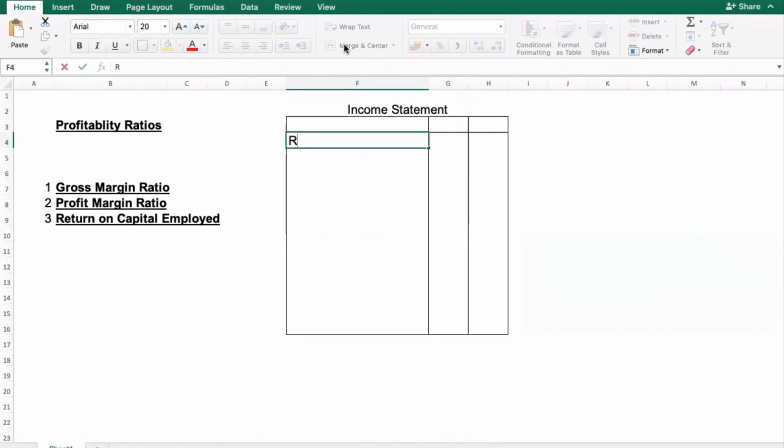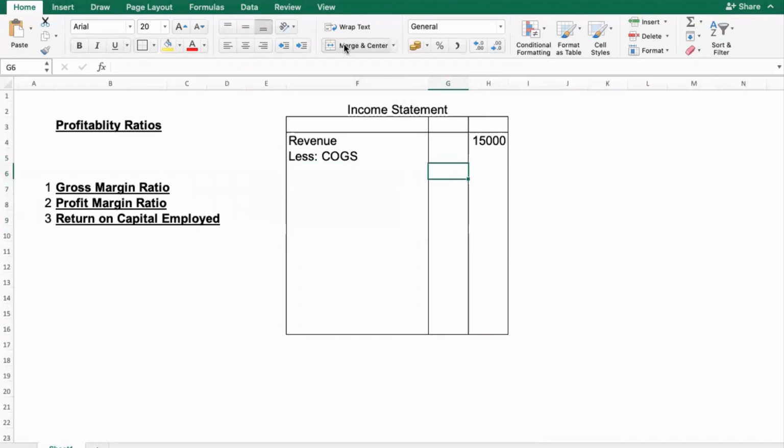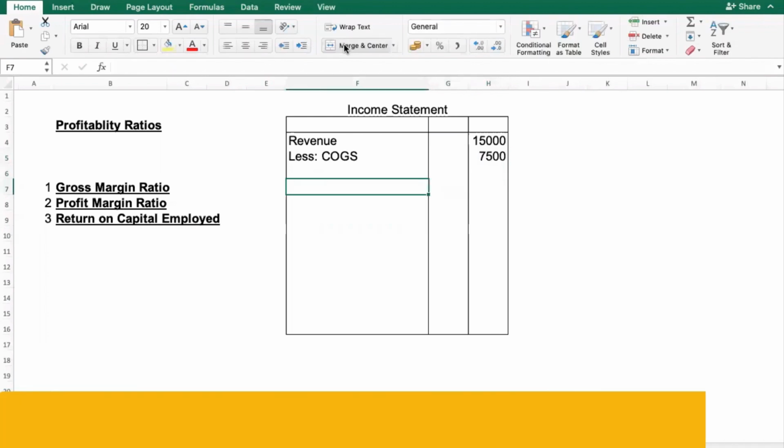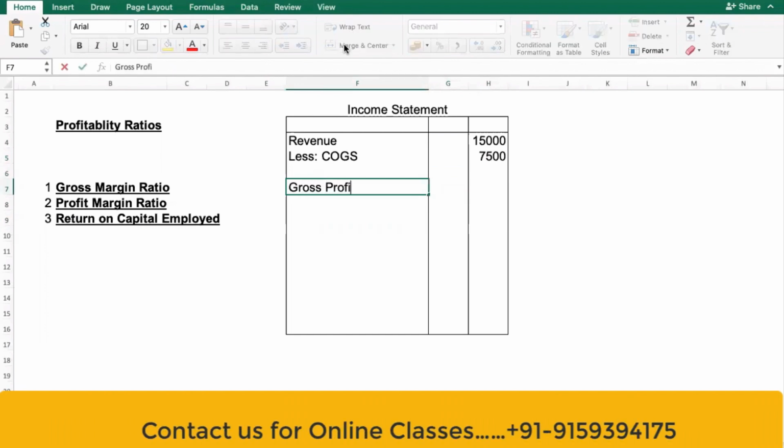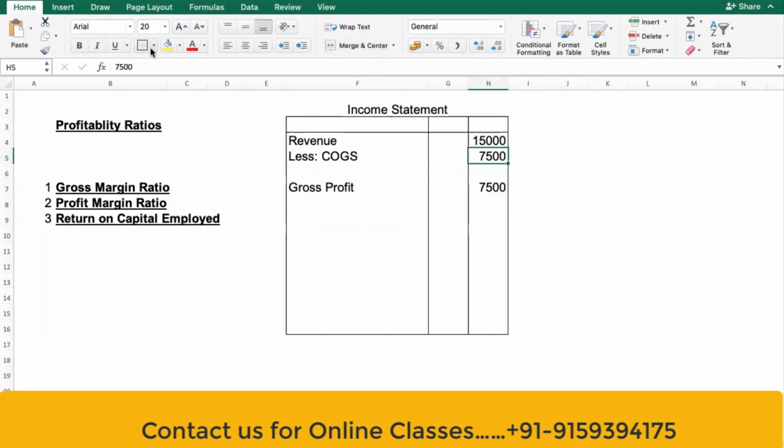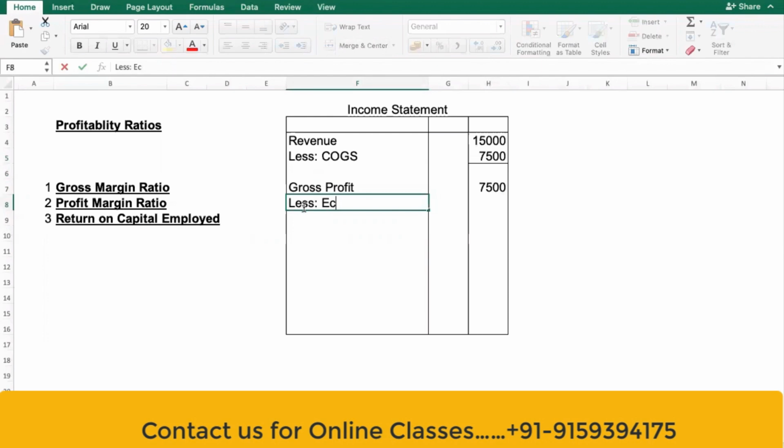First we take revenue, let's say 15,000, and from this we subtract cost of goods sold. Suppose cost of goods sold is 7,500. So what will be my gross profit? 7,500. Then from gross profit we subtract expenses.